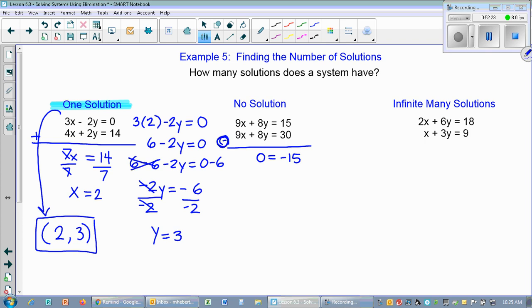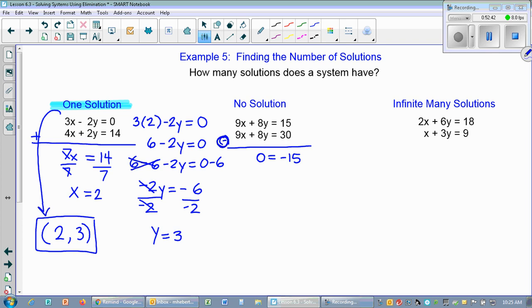So you're looking at this and saying, will 0 ever equal negative 15? And will negative 15 ever equal 0? Will they be the same value? 0 can never be the same value as negative 15, and negative 15 can never be the same value as 0.